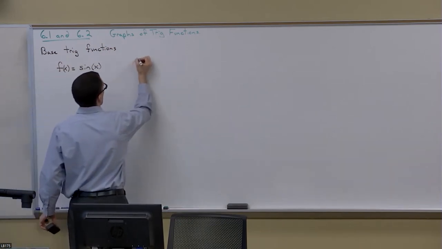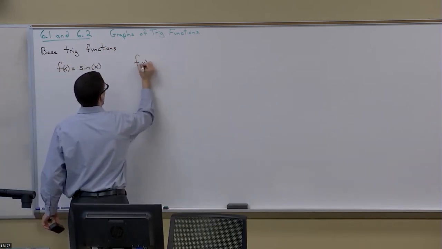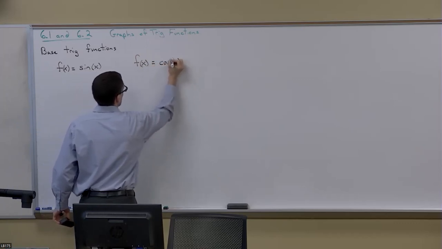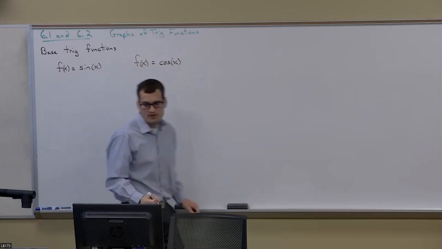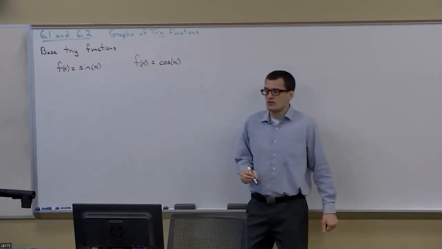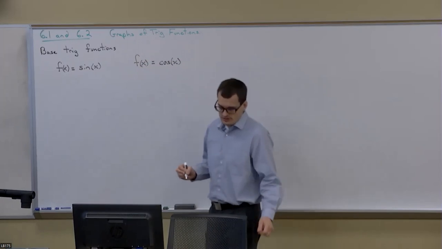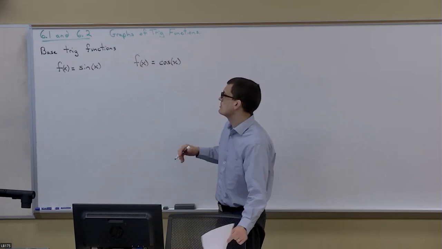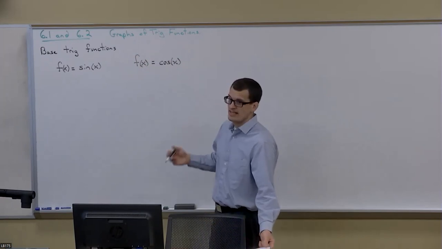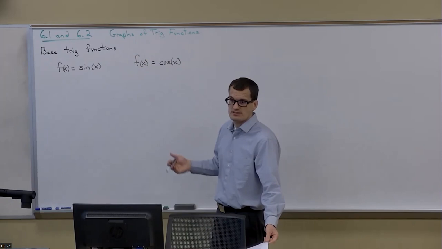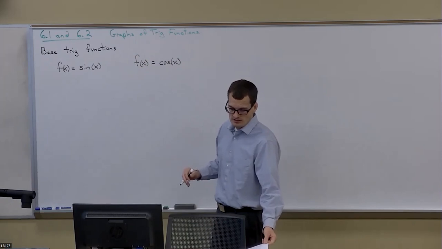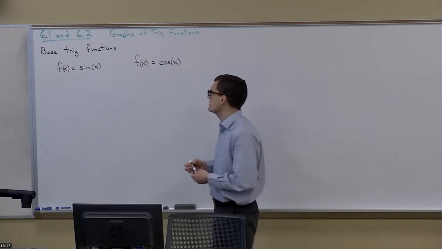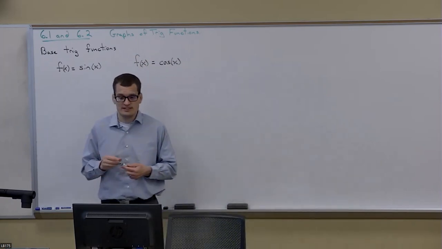And f of x equals cosine of x, right? So our base trig functions are those. And then we'll do tangent, cotangent, secant, cosecant in just a bit. All right? But let's look at the graphs of these.